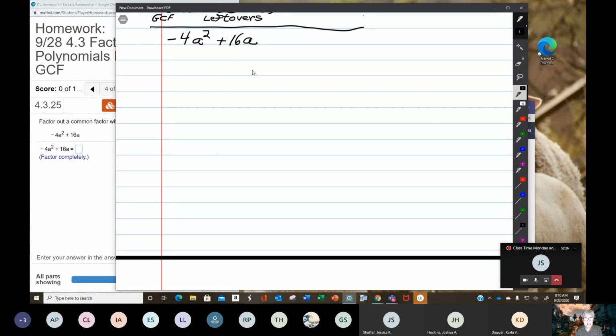But then we have that negative sign to deal with, and it automatically becomes more complicated. So here we go. We have a negative 4 leading coefficient in the highest degree term, which is why it's leading.